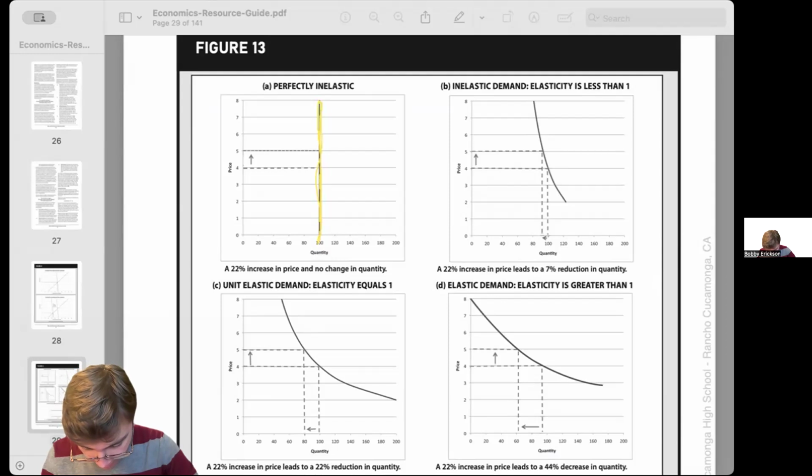And then with inelastic, we can see that there is a lower change for quantity than there is for price. Unit elastic here, we have for the change in quantity, the percent change is the same in the price. And then elastic is when the price goes up by a bit, the quantity will change by more percentage.